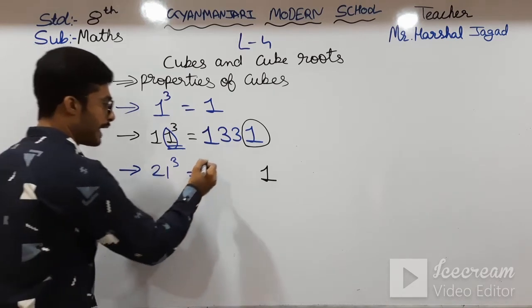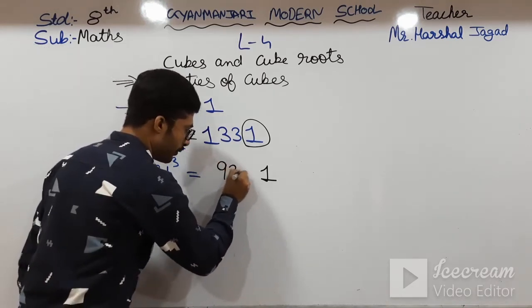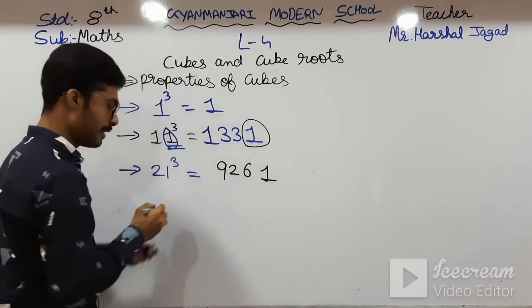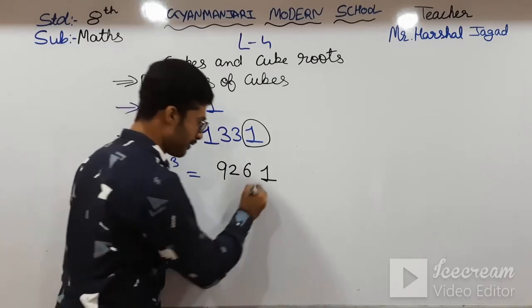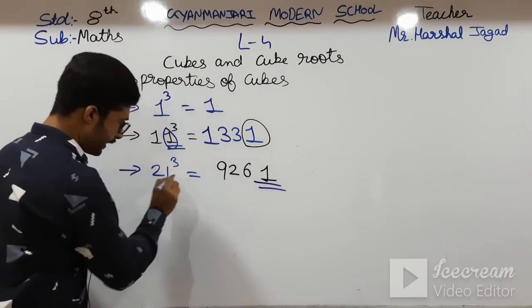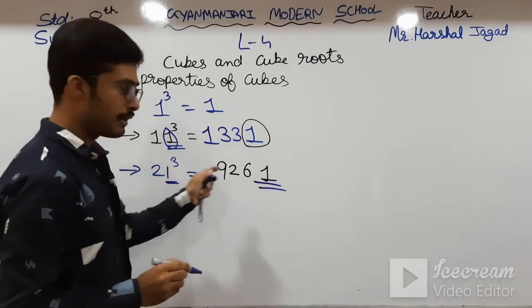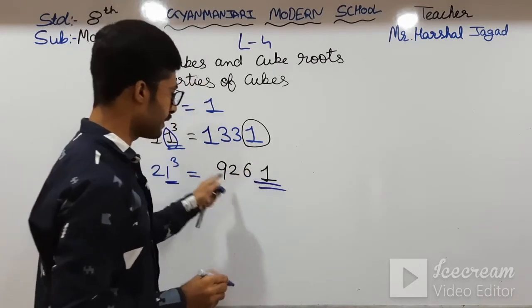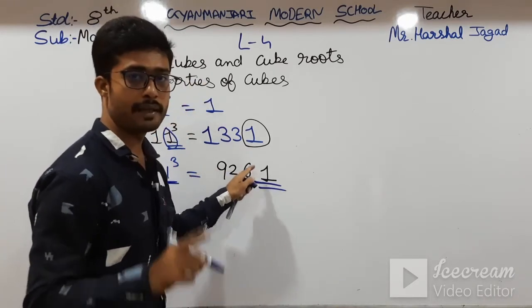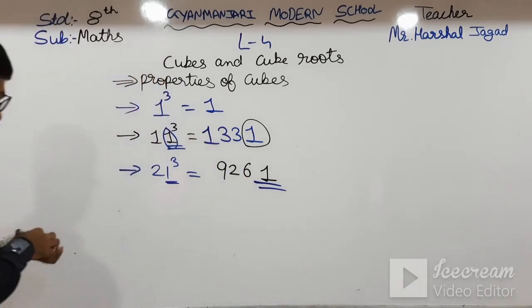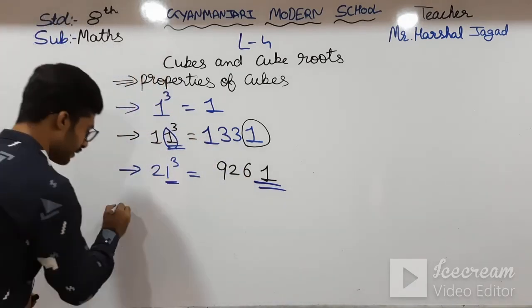It is 9261. Here also at last what comes? 1. If in the unit digit there is a 1, then the cube of it will also have 1 in the unit digit.